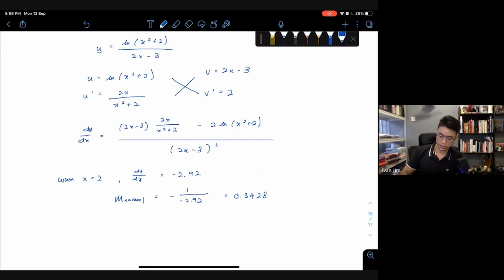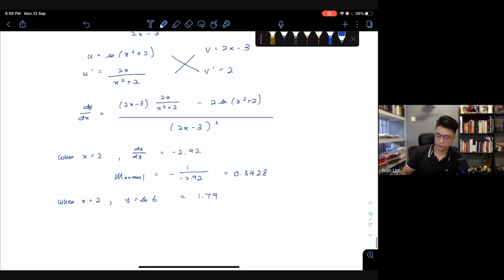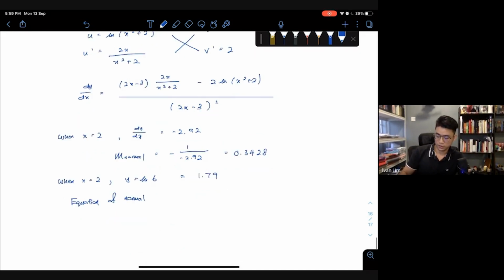Okay, so when x equals 2, we want to find our y. y equals ln 6, which is equal to 1.79. Now, we want to find the equation of normal. y minus y1 equals m times x minus x1.